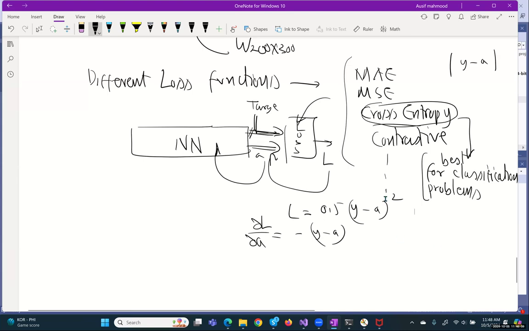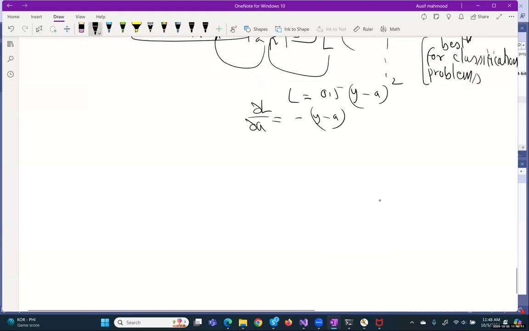Okay, so what was the formula for the cross entropy? The cross entropy formula is negative sum over all the outputs, yi log of ai.